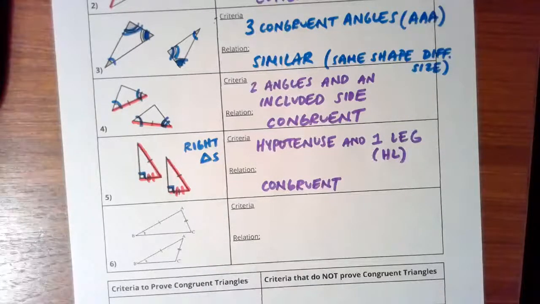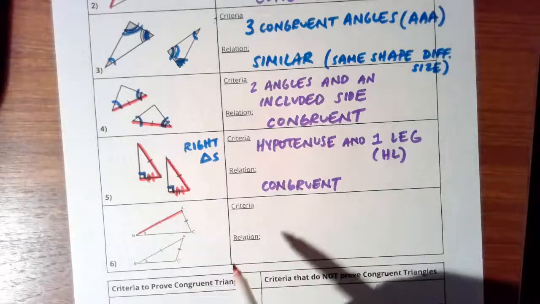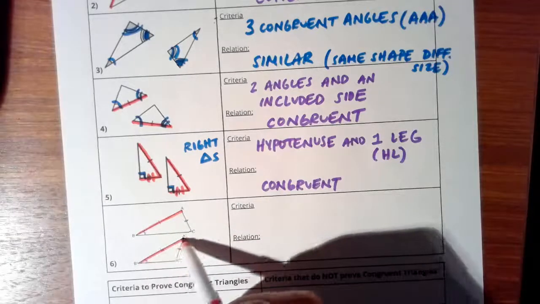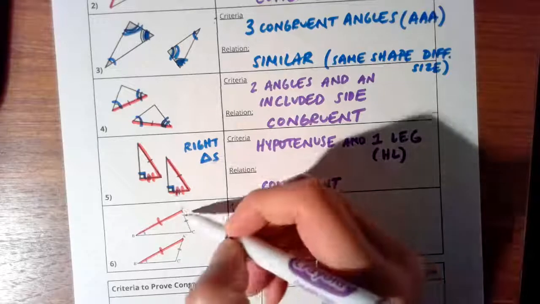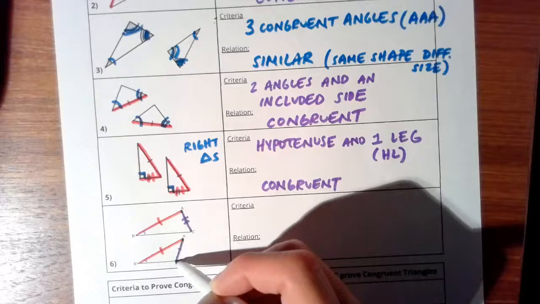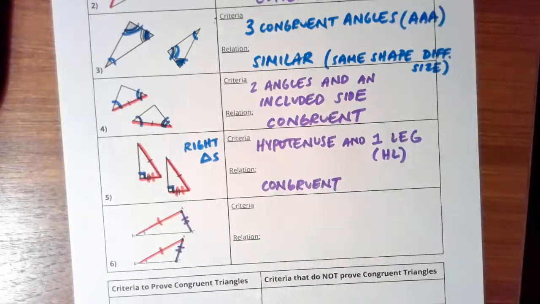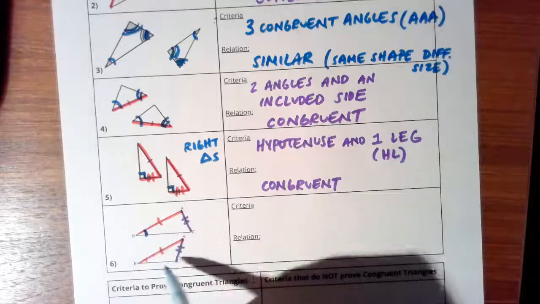In this pair of triangles, we have this side is congruent to this side. This second side is congruent to this second side. And we also know that this angle is congruent to this angle.